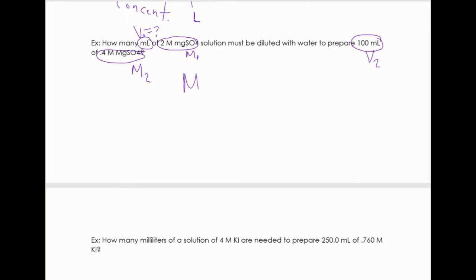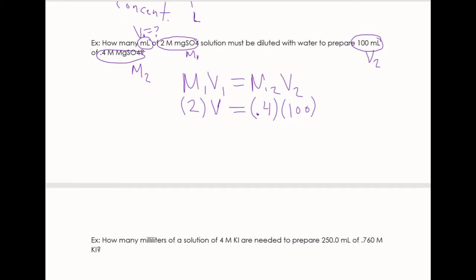Okay, so pretty straightforward. We're just going to use this equation, M1V1 equals M2V2, and we're just going to get our algebra on here, plug in some numbers. So 2 molar for M1, we're looking for V, that volume. That gives us 0.4 molar, and then a volume of 100 milliliters.